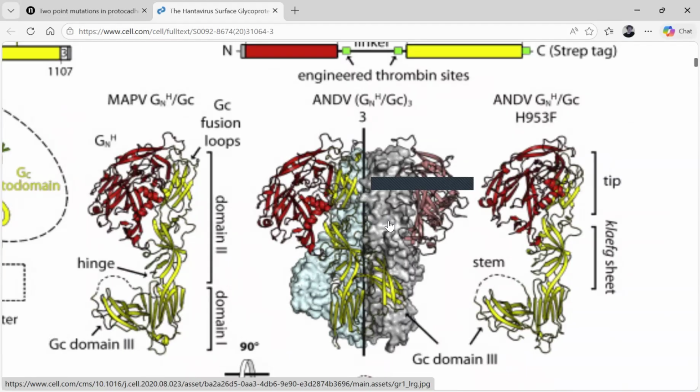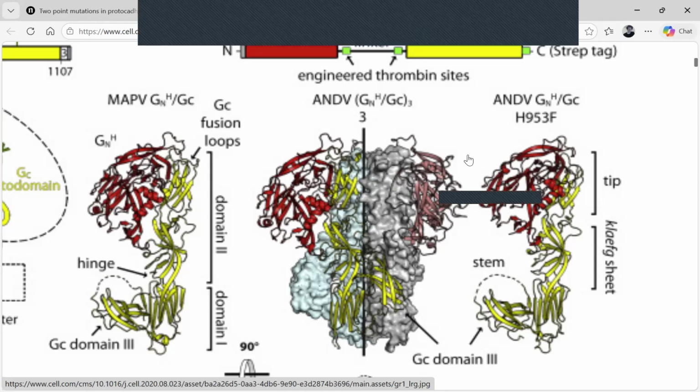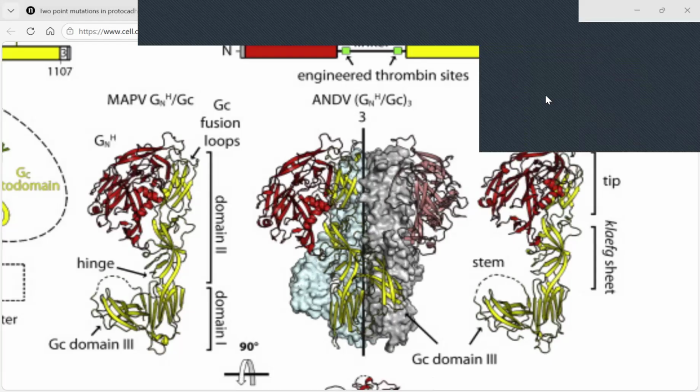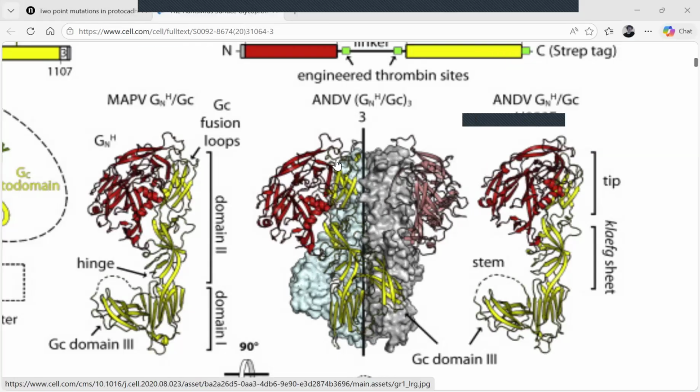Okay, so this right here is GN, this is GC, and there are different domains, domain 1, 2, and 3.